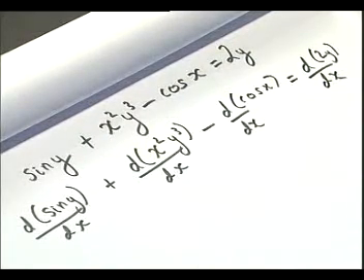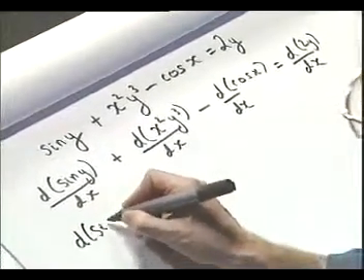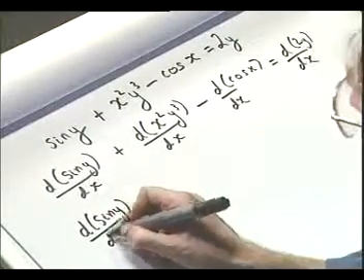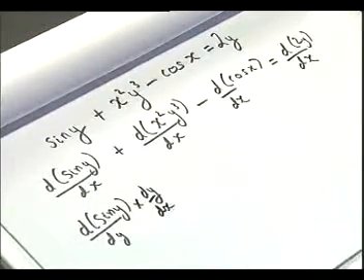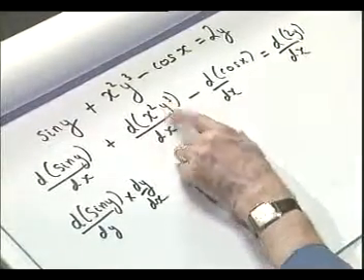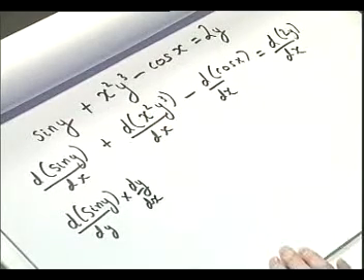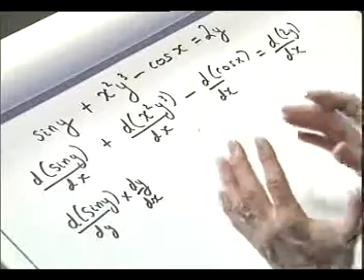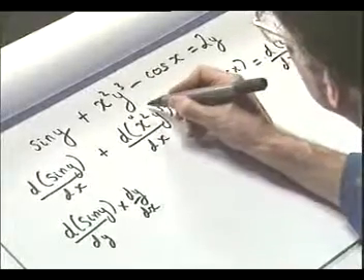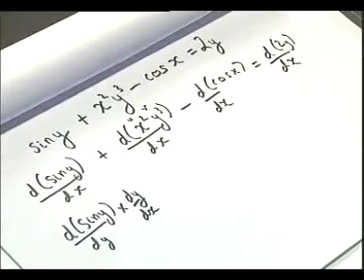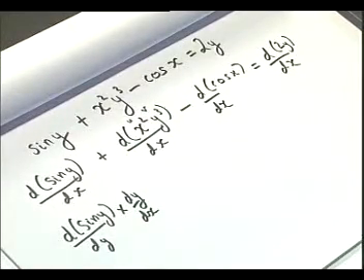Now let's remember what our function of a function rule tells us, that this is done as the derivative of sine y with respect to y times dy by dx. This one, a bit of a problem, because this is x squared times y cubed. So it's a product. It's a u times a v. So let me just write a little u over the top and a little v there. u is x squared and v is y cubed.